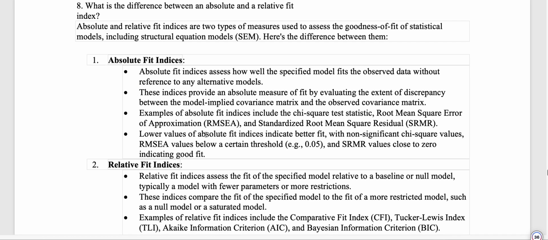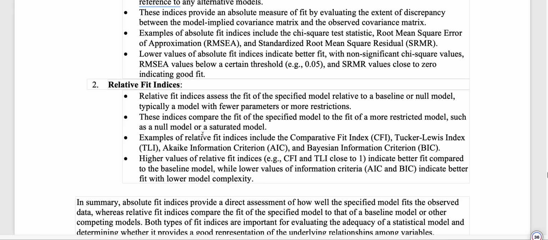Relative fit indices assess the fit of the specified model relative to a baseline or null model. This baseline model typically has fewer parameters or more restrictions. These indices compare the fit of the specified model to the fit of a more restricted model, such as a null model or a saturated model.